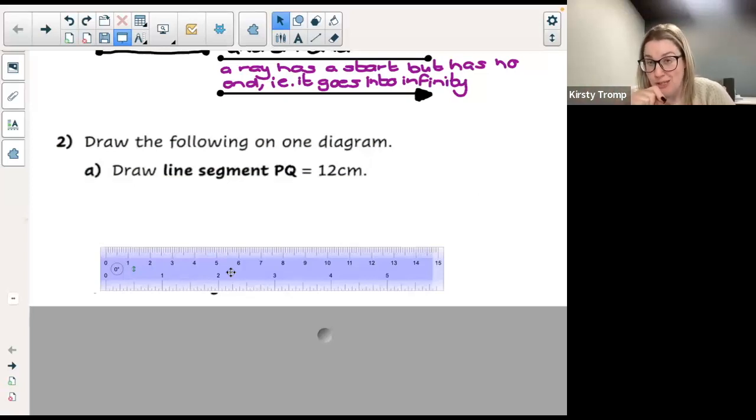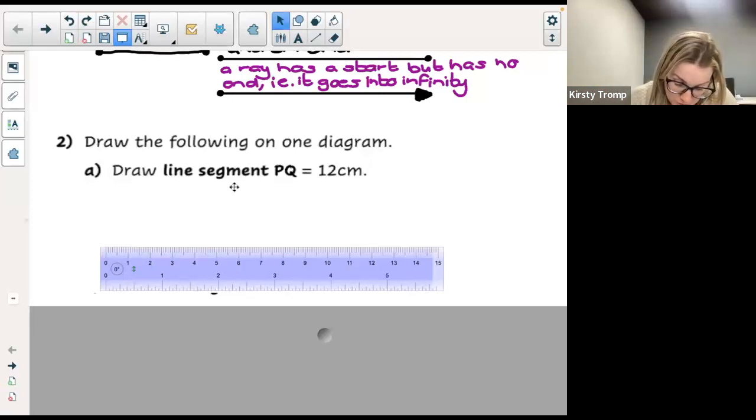Ruler and a pencil. Make sure that you've got a pencil to do all your drawings, because if you make a small mistake, you can erase it. Whereas if you've done all your drawings in pen, you're going to have to redraw everything. You can always, at the end of your test or exam, go over everything in pen, but when you're doing all your drawings, you start with a pencil.